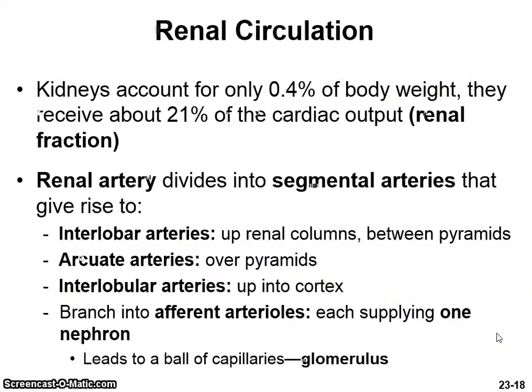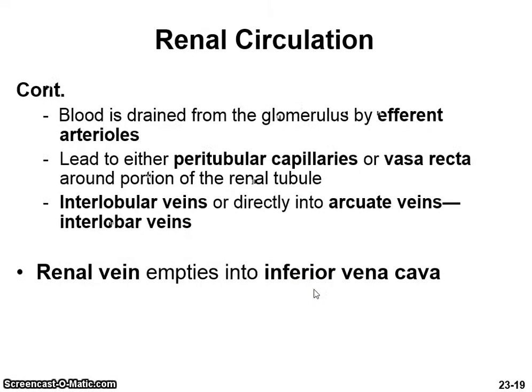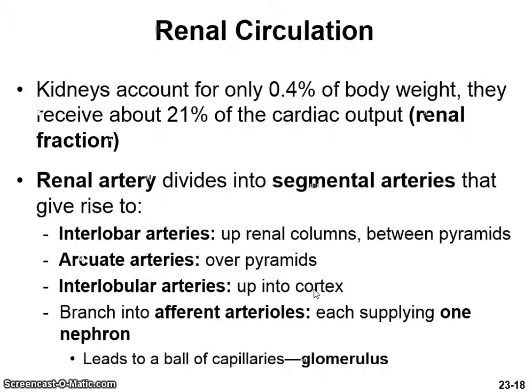So let's see if I'm missing anything. The renal artery divides into segmental arteries that give rise to interlobar arteries, up renal columns, within pyramids. You have arcuate arteries over pyramids, interlobular arteries up into the cortex, and then we have branching afferent arterioles, each supplying one nephron, leading to a bowl of capillaries called the glomerulus.